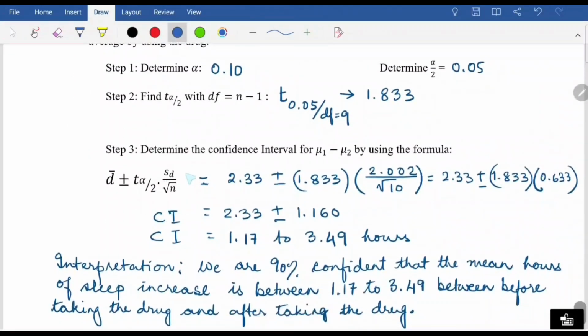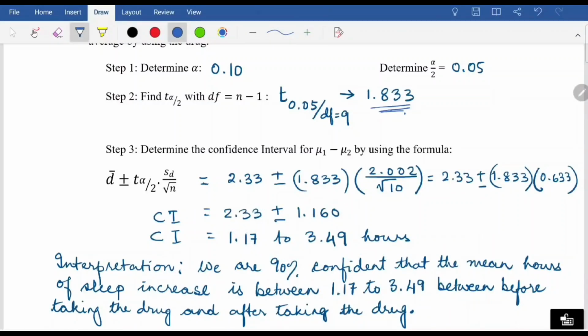Here's the formula for the confidence interval. We add the margin of error to d bar: 2.33 plus or minus 1.833 times s sub d divided by square root of n. When we do the calculations, we get a confidence interval from 1.17 to 3.49 hours.